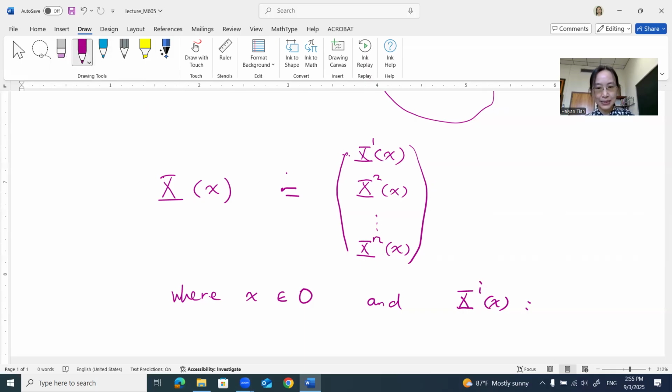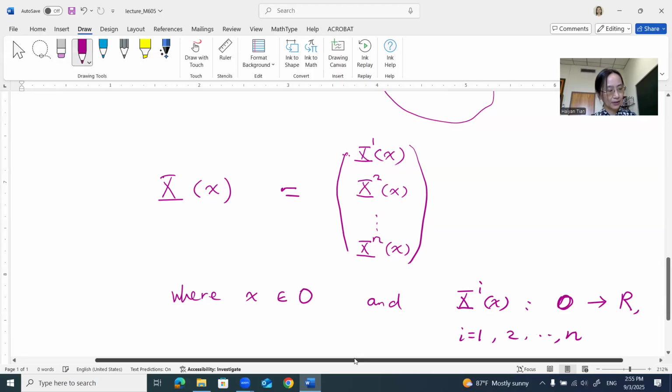Each component depends on small x, which depends on the input vector, and each component has a real value. So i could be 1, 2, all the way to n, because this image vector has n components.